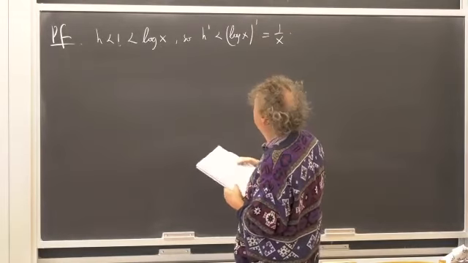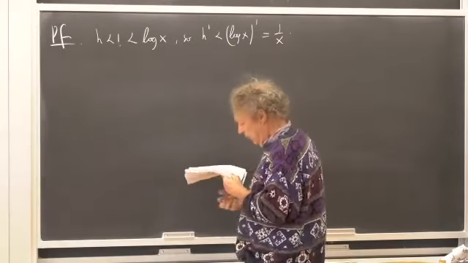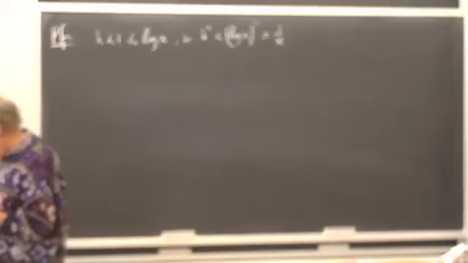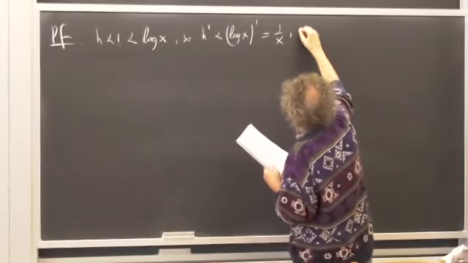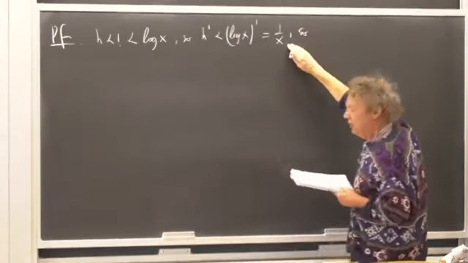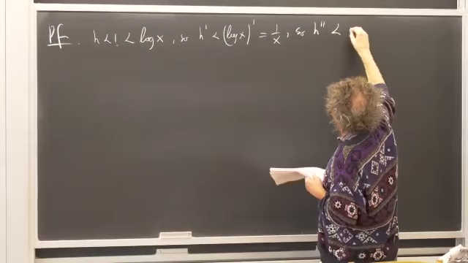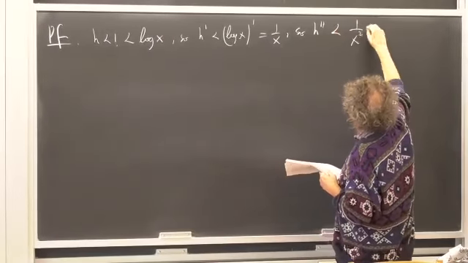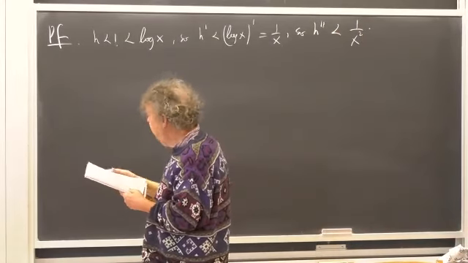So h prime is also infinitesimal, but even strictly dominated by 1 over x. Now you differentiate again this asymptotic relation: h double prime is strictly dominated by 1 over x squared, and so h double prime is very small.